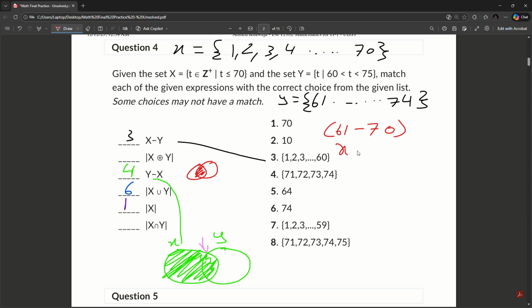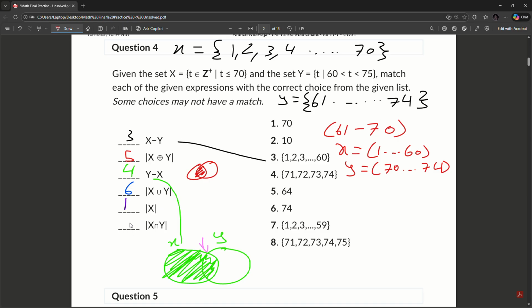That means you're left with x equals 1 all the way to 60, and then y is 70 to 74, because the common has been removed. So now what it wants is the total summation of the items that are not common, which is 64. I have made a mistake. That was on me.